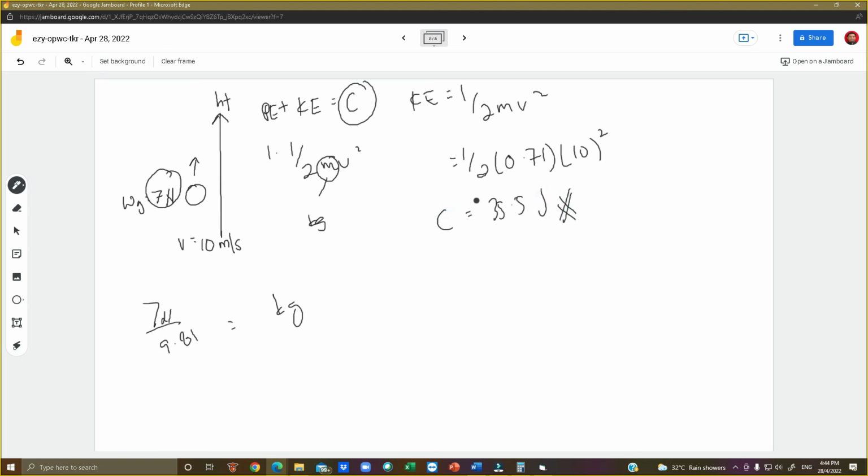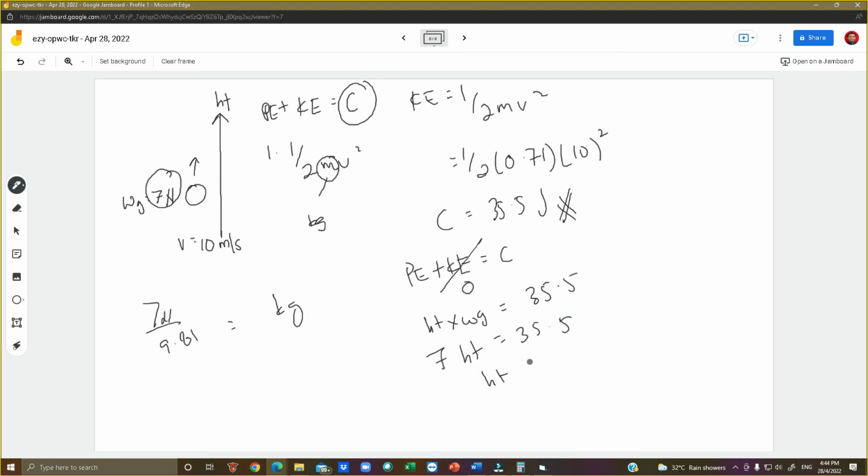So now we have C value. Can we find out berapa tinggi dia boleh pergi? At the top means KE dah kosong. PE plus KE equals to C. Now at the top, KE equals to 0. Height times weight equals to 35.5. We don't have the height. Weight dia berapa? 7.